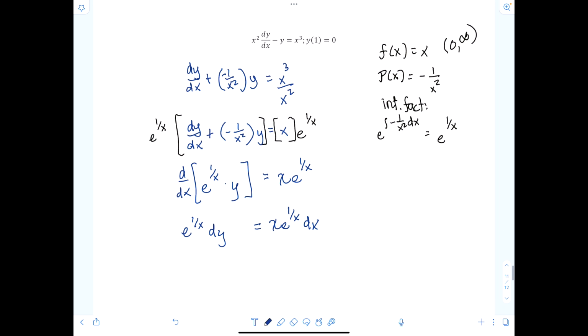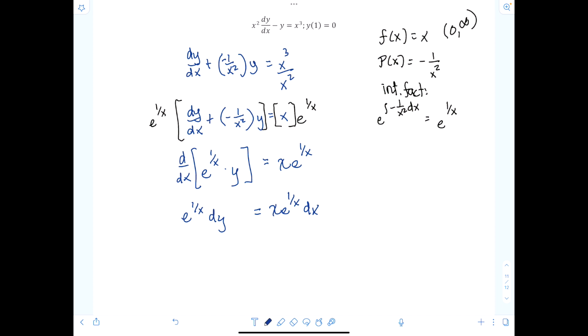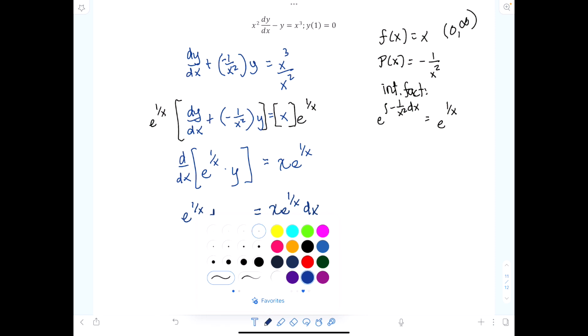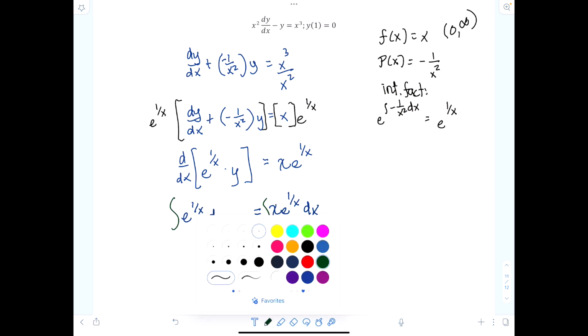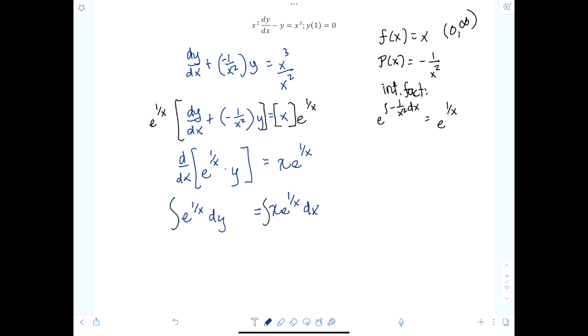But we don't. And so on this one, we're going to integrate, right? So this will be e to the 1 over x times y equals. Now on this other side of it, we're going to make this into a definite integral, okay?